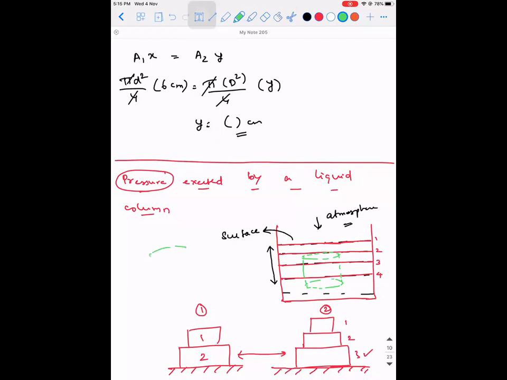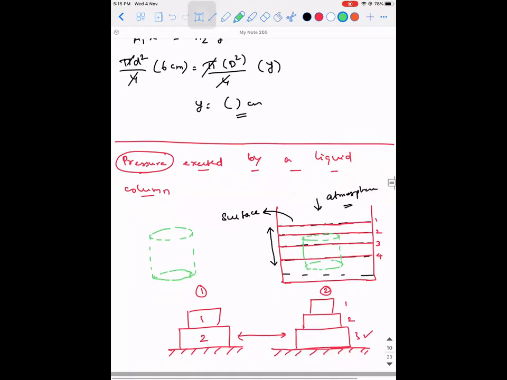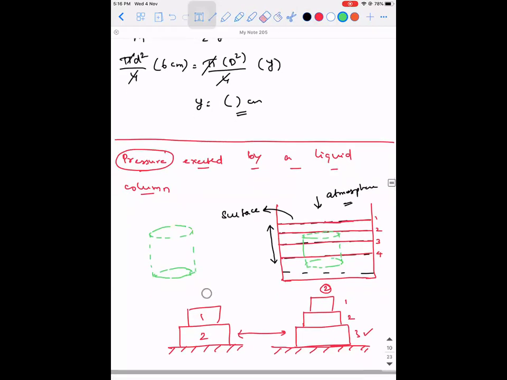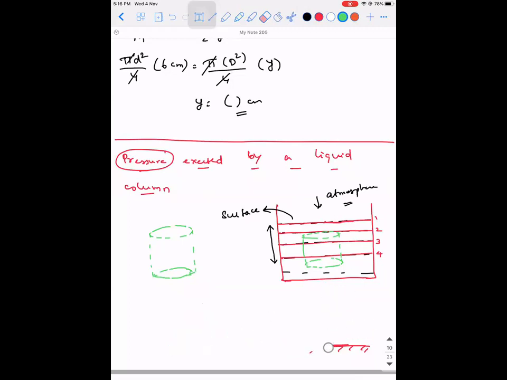So when I take a liquid column, observe what are all the things that are going to happen to it. To this liquid column, from the top, there will be a force. From the bottom, there will be another force, right? Are you guys able to understand?